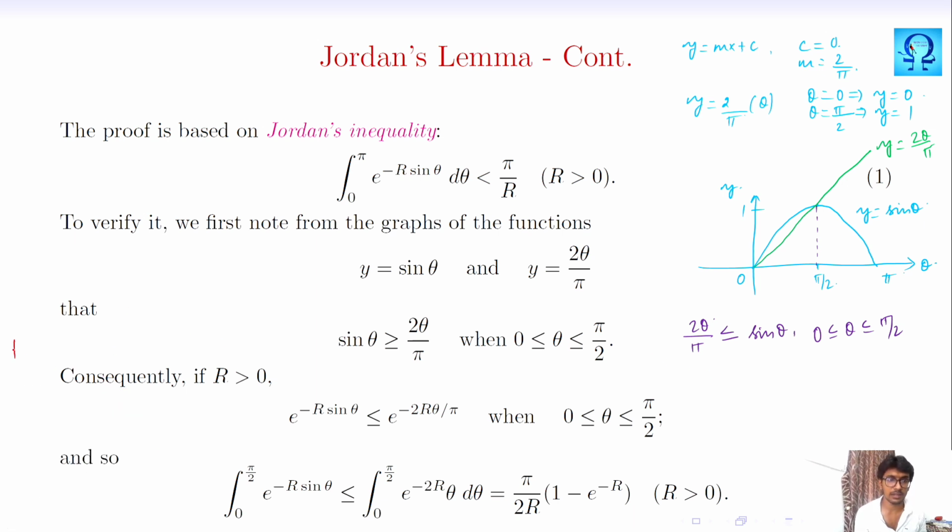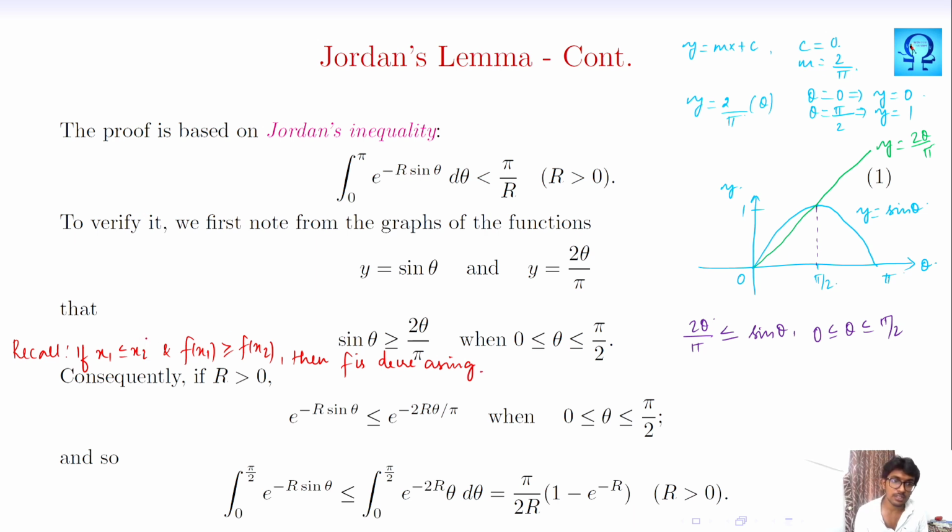Here we just recall: if x1 is smaller than or equal to x2 and f of x1 is bigger than or equal to f of x2, then f is decreasing.